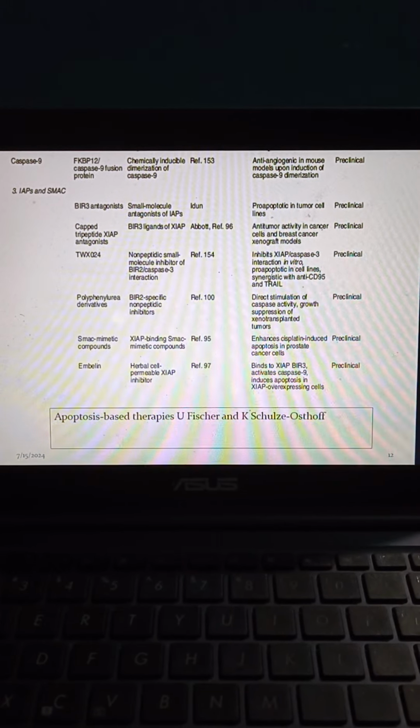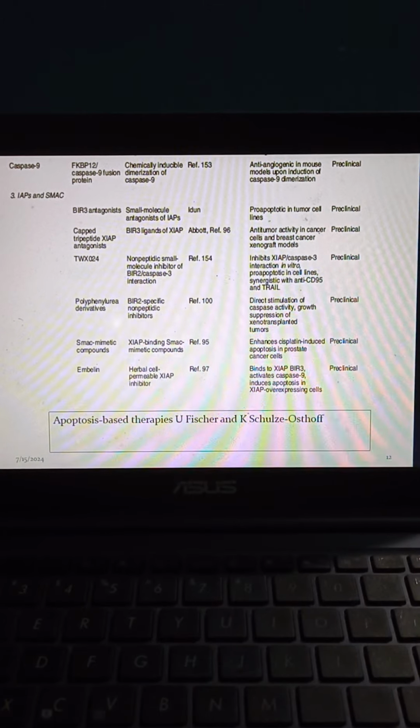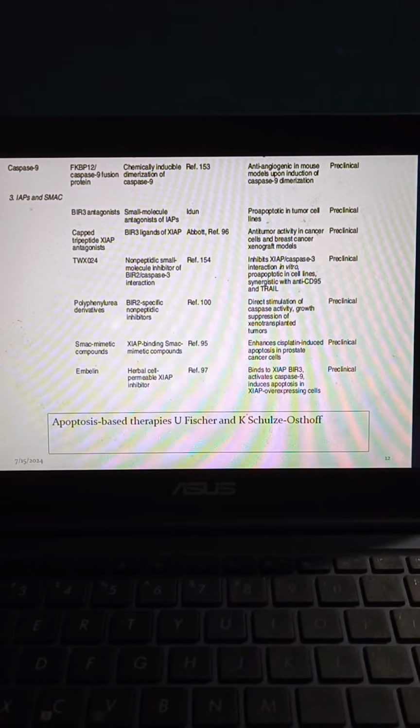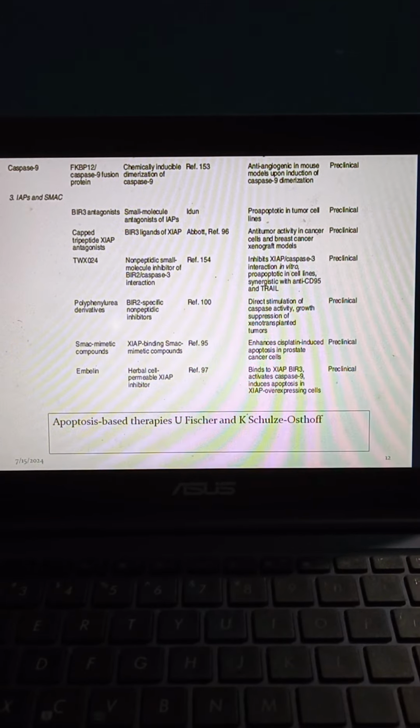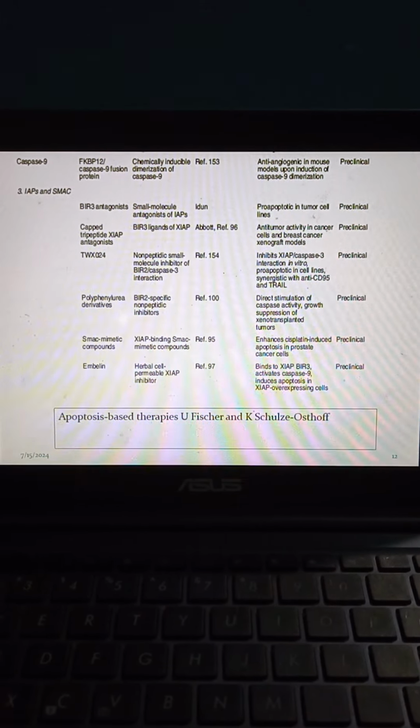So these are also examples: IAPs, SMAC and BIR3 antagonists. These are in preclinical study. Then MBEN is in preclinical study. You can go through apoptosis-based therapy, U. Fisher and K. Schulze-Osthoff, to learn more about all these things.